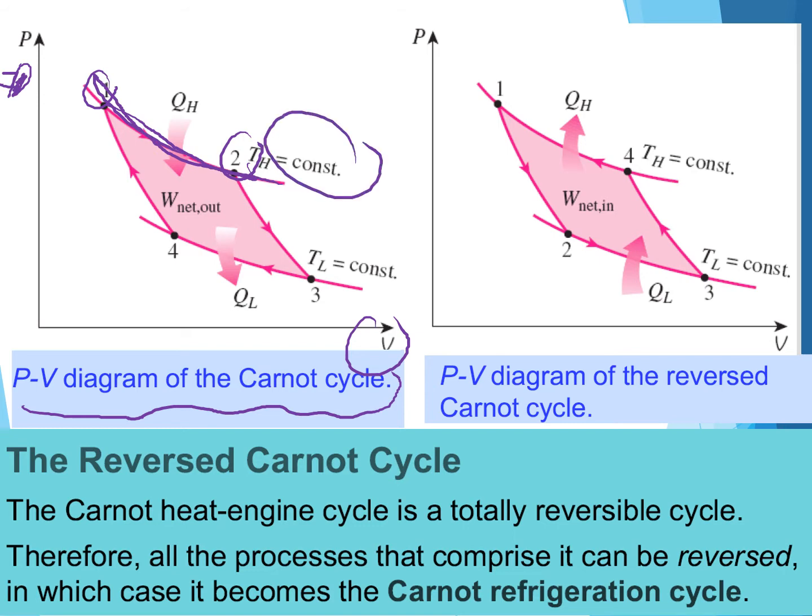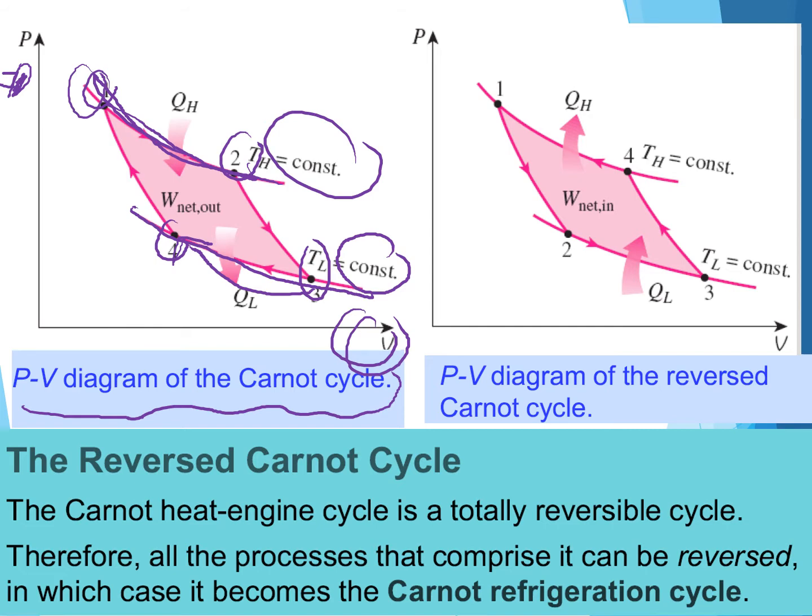And then the second process from state 2 to state 3 is still expansion, but this time it is an adiabatic expansion. And then from state 3 to state 4 is the isothermal compression, so T is constant, and you have a decrease in volume because it is a compression process. And then from state 4 to state 1 is the adiabatic compression.